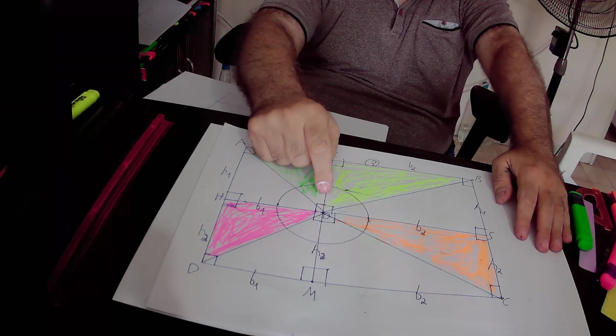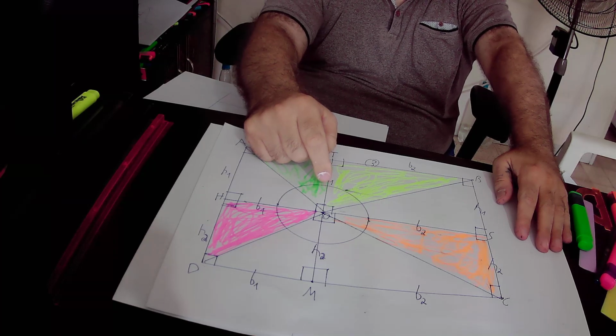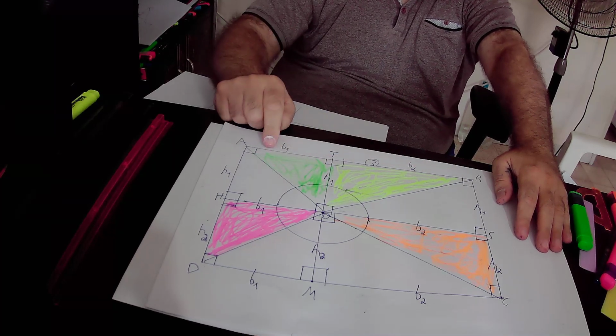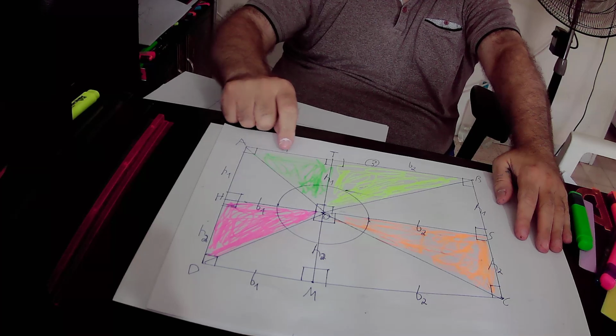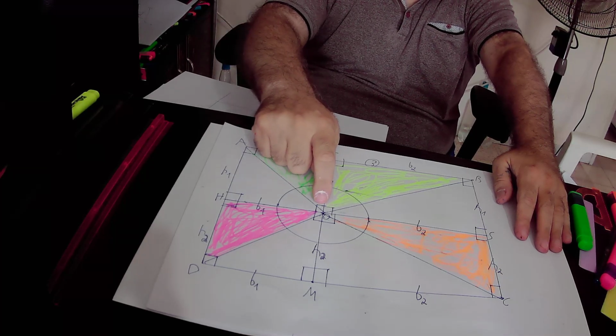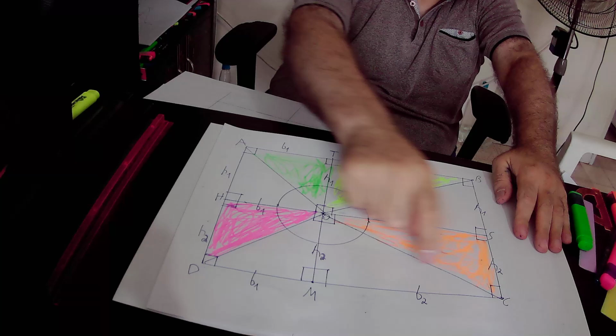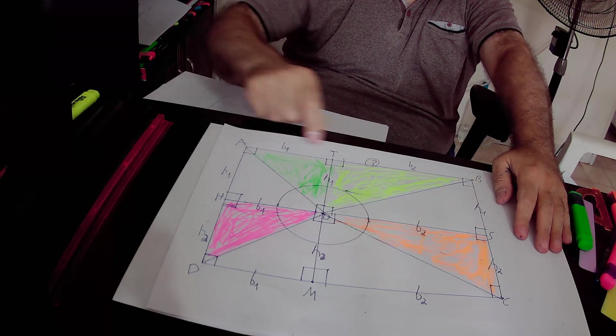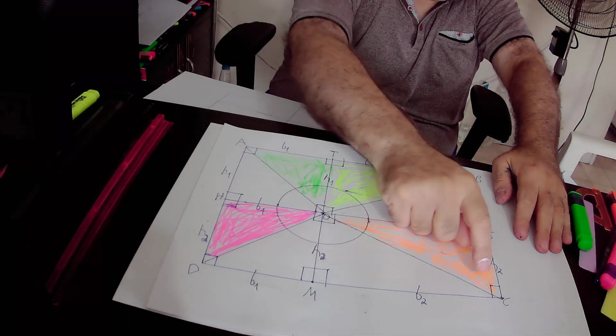Actually, this perpendicular on AB must also be perpendicular to DC. Why? Because AB is parallel to DC.